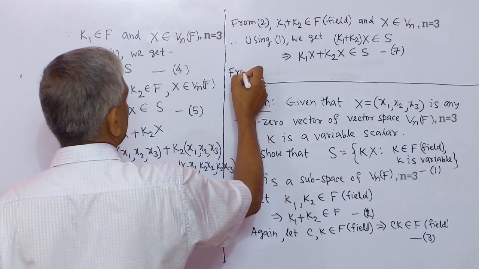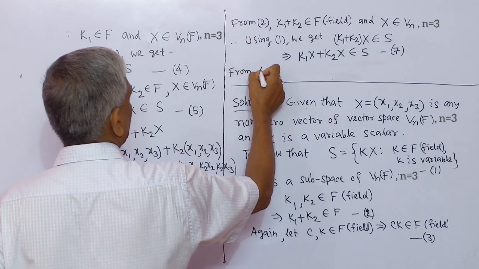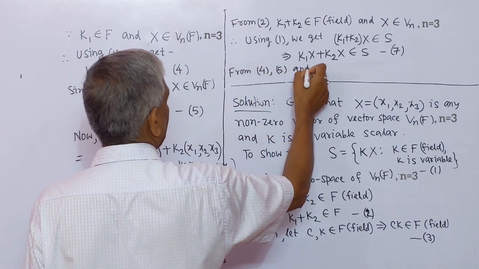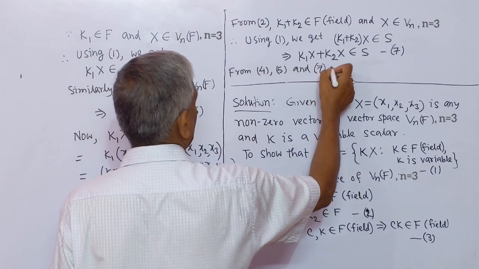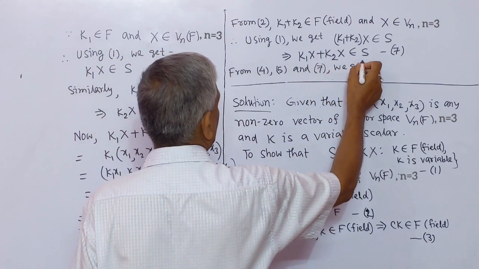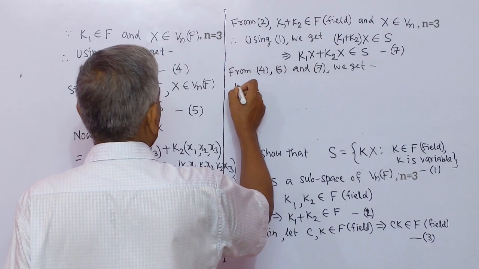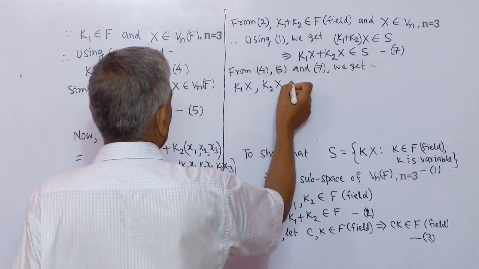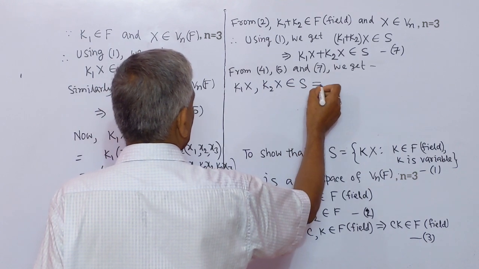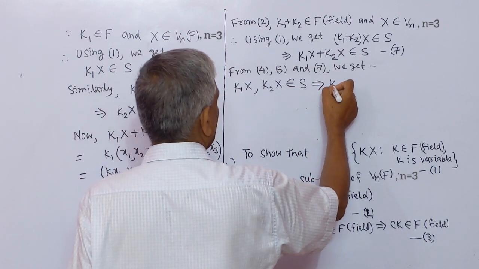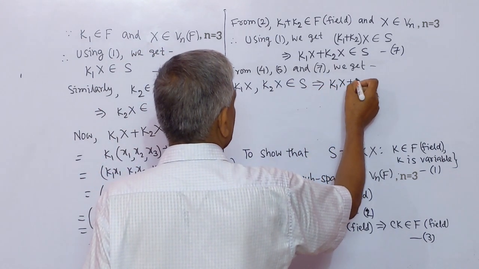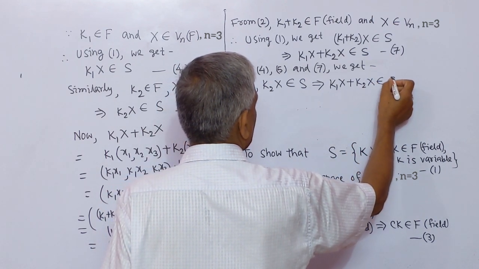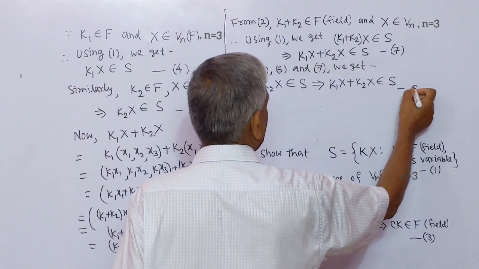From 4, 5 and 7 we get K1X, K2X belong to S, implies that K1X plus K2X belongs to S. This is number 8.